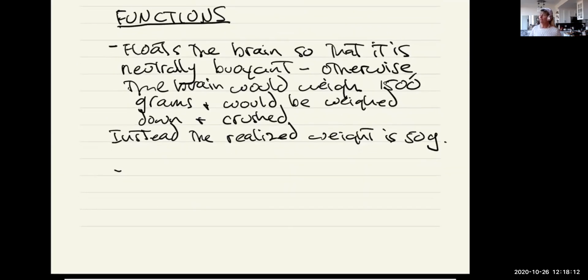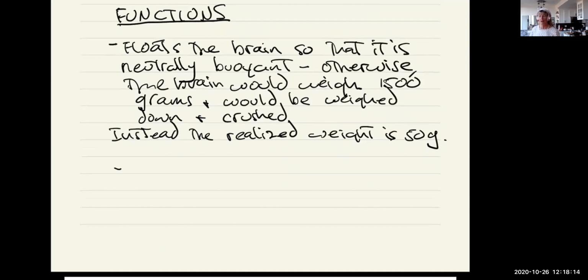So if you had a blow to the head, your brain is not solid. Instead, it's protected from hitting the inside of the skull. So it cushions the brain from hitting the skull.